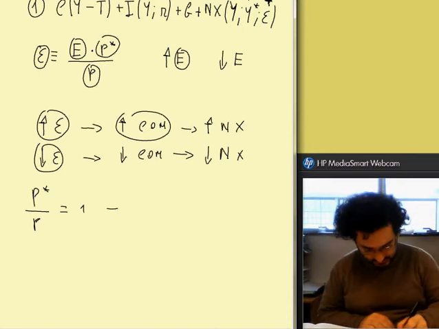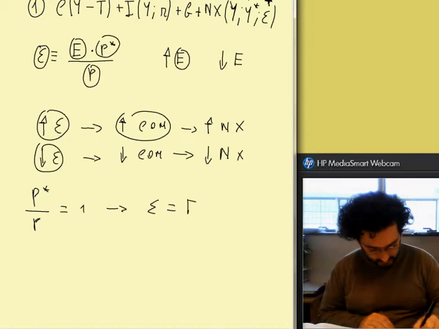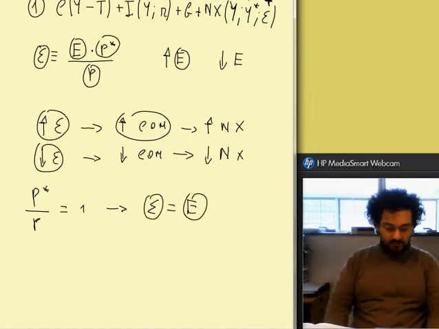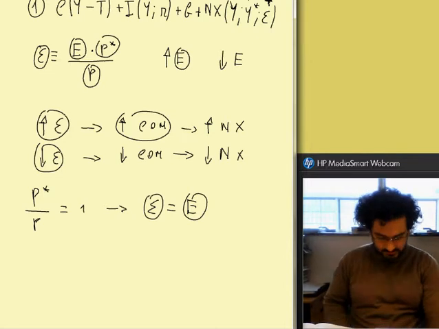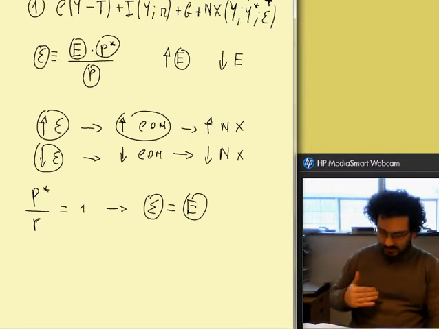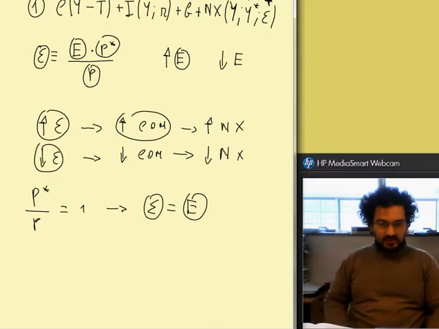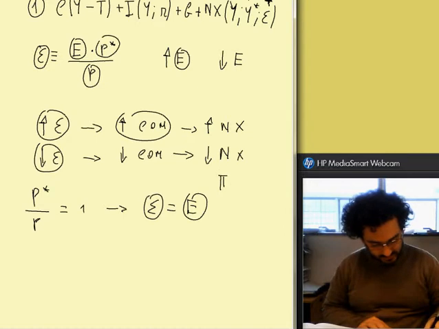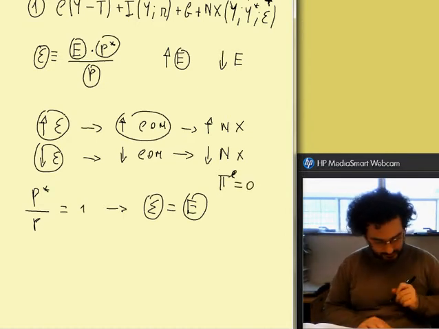This means that epsilon will be equal to E, so the real exchange rate is equal to the nominal exchange rate. In terms of variation, we can also consider that the expected internal inflation is equal to 0.